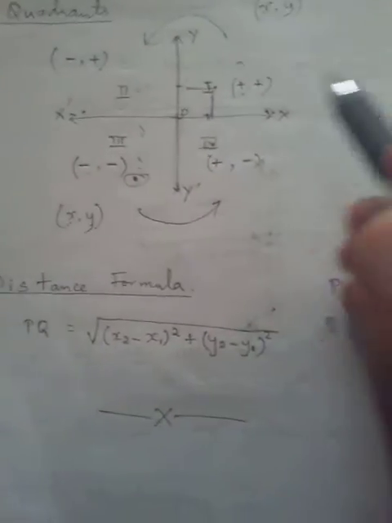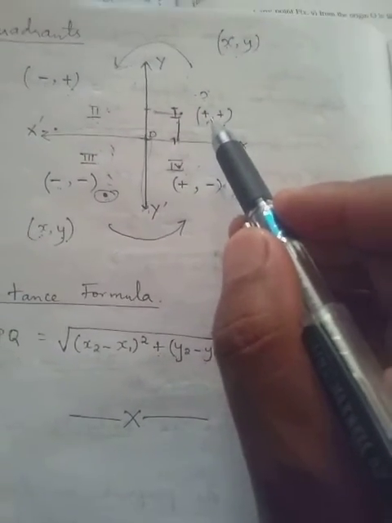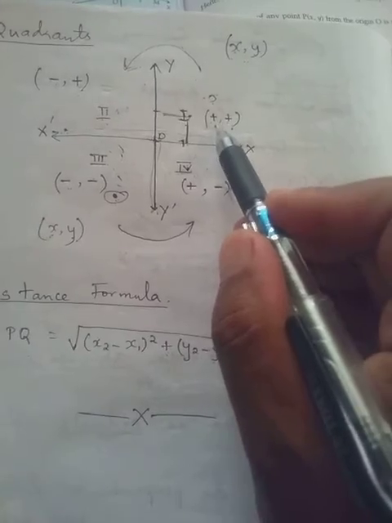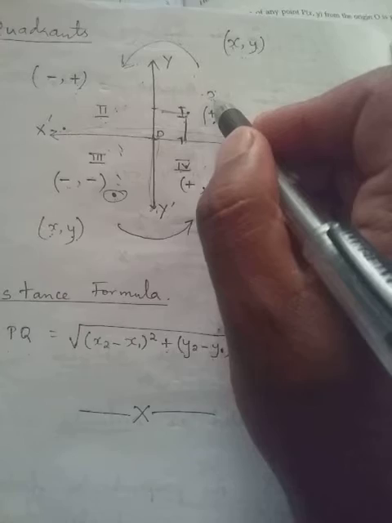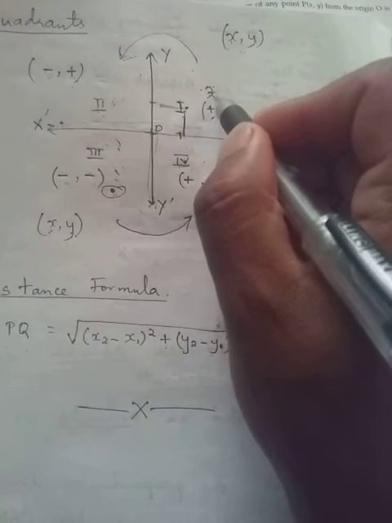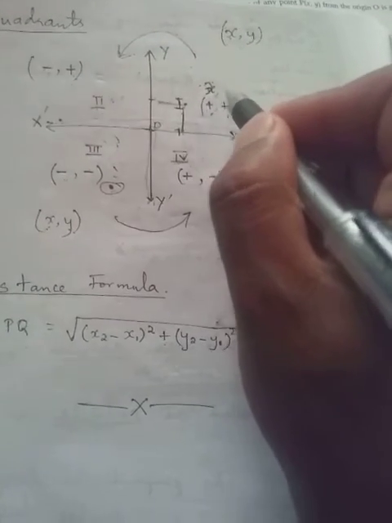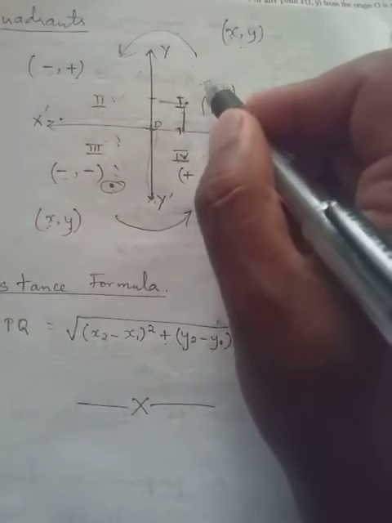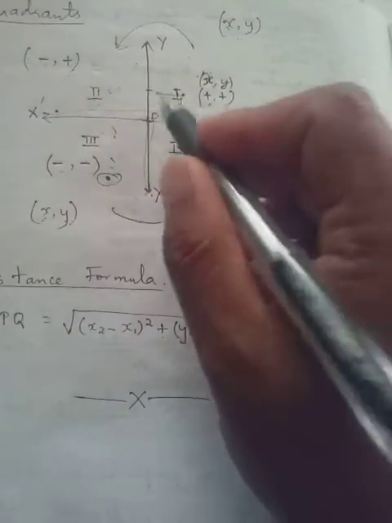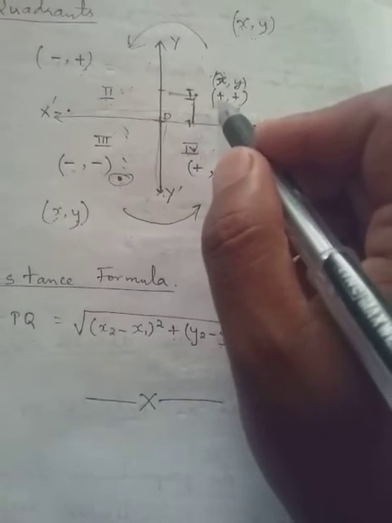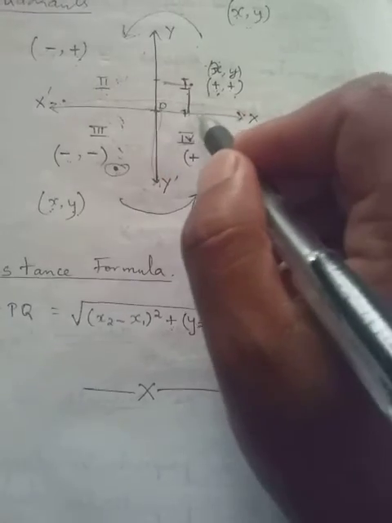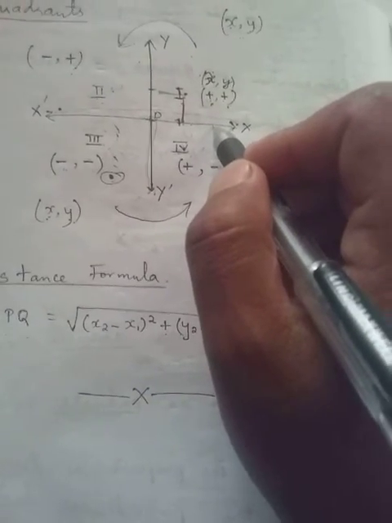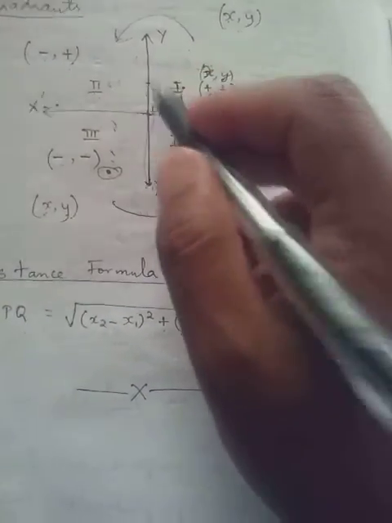Now, the sign convention for the first quadrant will be plus and plus. For any point to fall in the first quadrant, it needs to be made of the abscissa and the ordinate. We have to get one point on the abscissa and another point on the ordinate, or the y-axis.